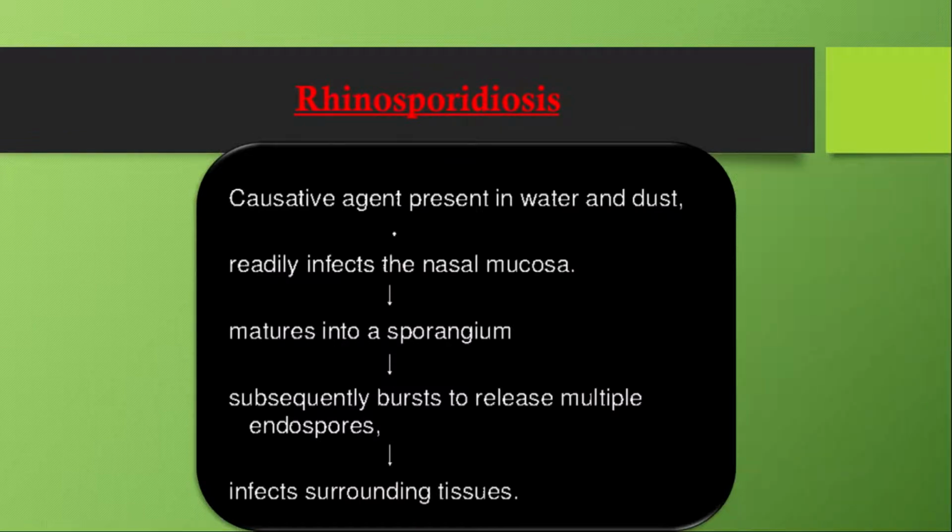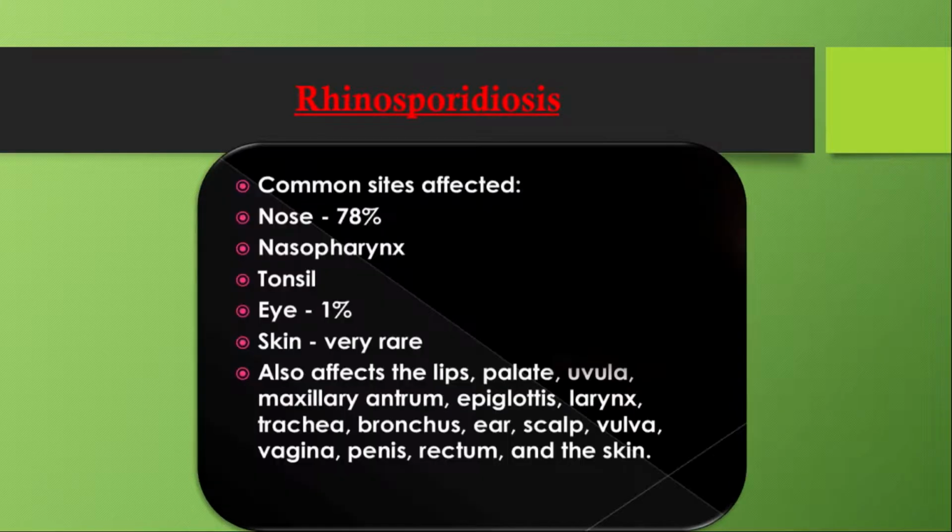The causative agent may be present in water and dust, which readily infects the nasal mucosa and matures into a sporangium, which subsequently bursts to release multiple endospores, which then infect surrounding tissues. The common sites affected in patients can be in the nose, which is 78% of cases.